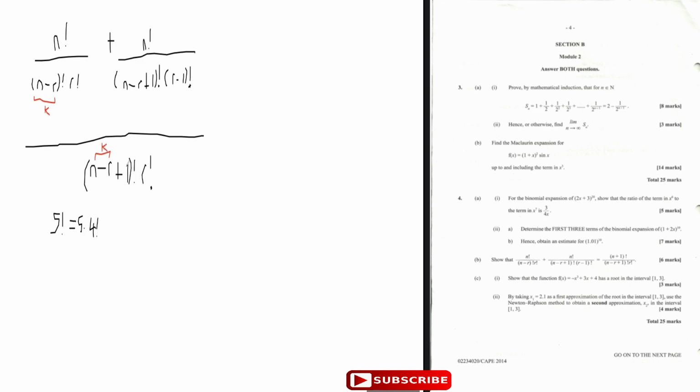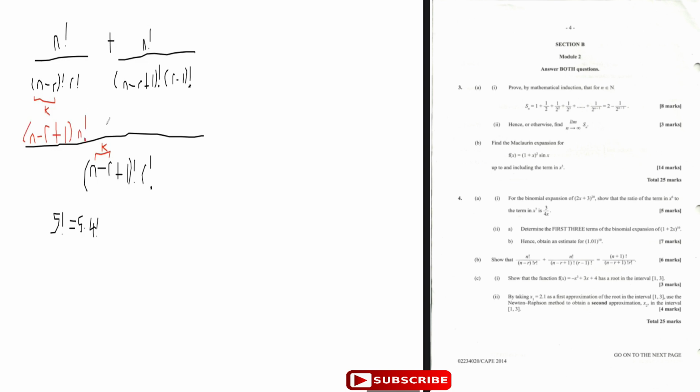So k factorial into k plus 1 factorial leaves just k plus 1, which is n minus r plus 1. So it leaves n minus r plus 1, and all of this is multiplied by n factorial.